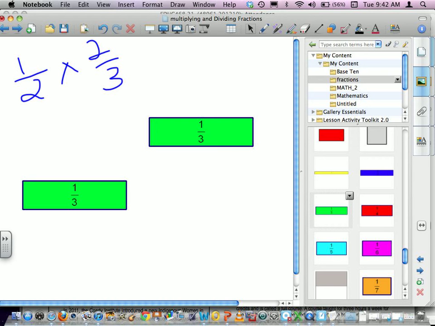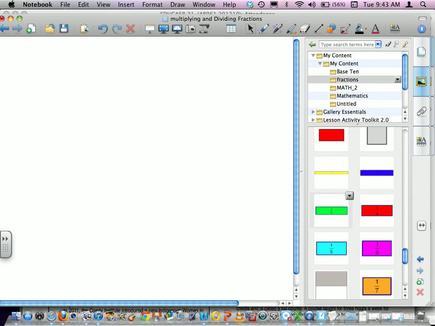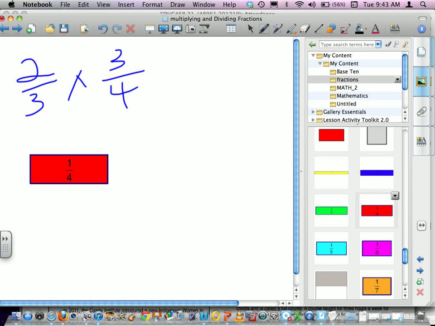Half of 2/3 is just 1/3. So with these strips, you can model this as well, but it's not going to work for all of them. The area model will work always. These will work sometimes. Let's try another one. Let's say 2/3 of 3/4. I need to build 3/4 first, and this one is going to work nicely.